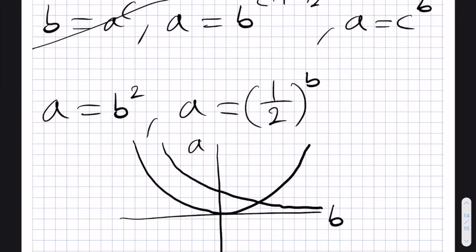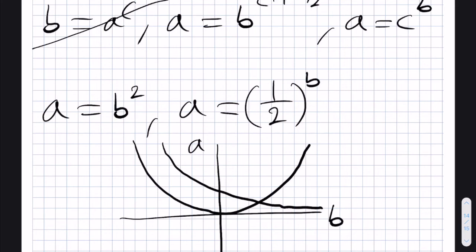It's very important because of how exponential functions work that this exponential is in fact growing a lot faster really than this quadratic, at least as b goes towards negative infinity. And so there is no solution on this side. It's worth having those thoughts in mind, otherwise you may have thought that there is a solution on this side if you have drawn it badly.